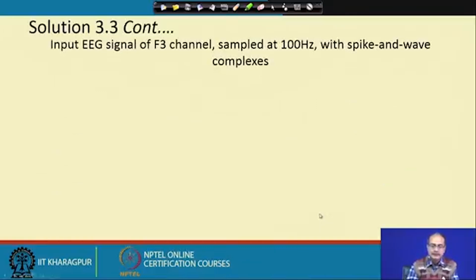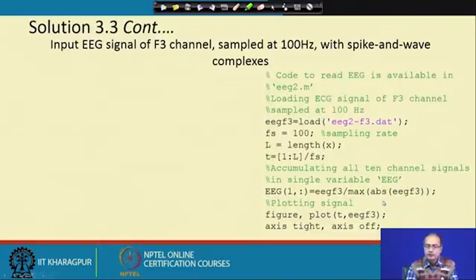Now, the first thing is to view the signal. For that we have chosen the EEG F3 channel. We have loaded that EEG F3 signal, the sampling frequency is noted, and the length of the signal is taken.